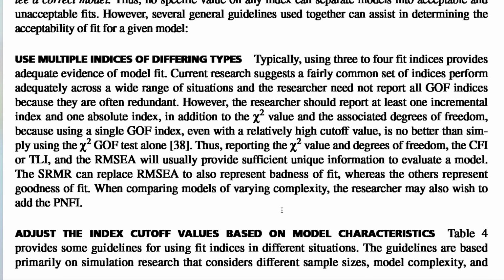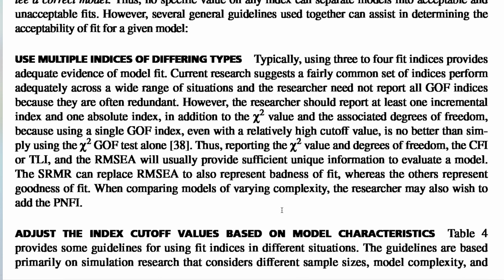However, the researcher should report at least one incremental index and one absolute index in addition to the χ² value and the associated degrees of freedom, because using a single goodness of fit index, even with a relatively higher cutoff value, is no better than simply using the χ² goodness of fit test along with the reported χ² value and degrees of freedom.